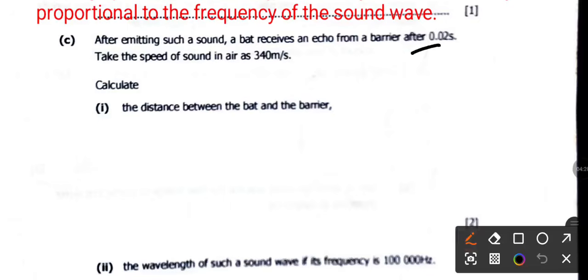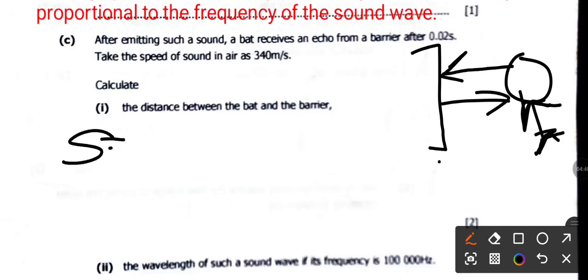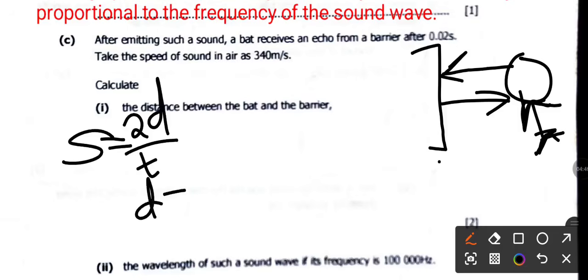Okay, so let's have a representation here. So suppose the bird is here. I'll represent the bird in form of a human. So for the bird to detect the echo, the sound needs to travel twice the distance. So we'll have the formula speed is equal to 2d over time. So we want the value of d, so we will rearrange this to be s times t over 2.